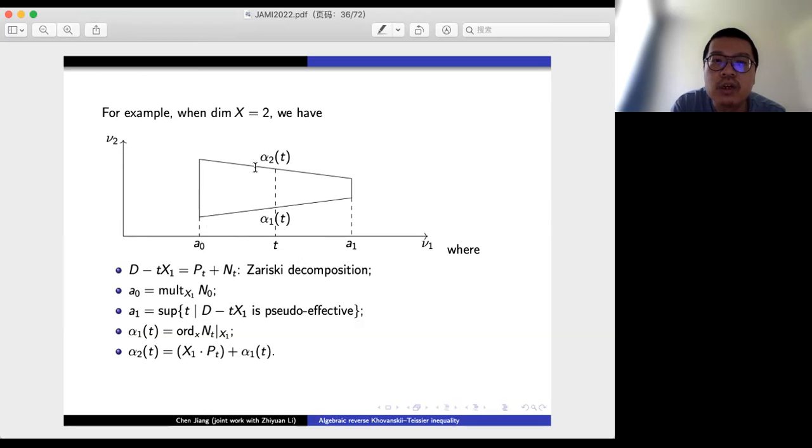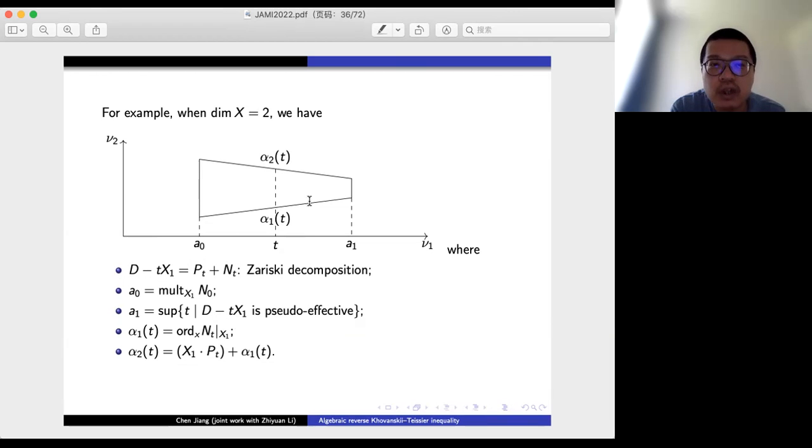For any t, nu_2 should take values in an interval from alpha_1(t) to alpha_2(t). Here alpha_1(t) is the order of x, the point X_2, in N_t restricted to X_1, where P_t and N_t are the Zariski decomposition of D minus tX_1. And alpha_2 is alpha_1 plus the intersection number of X_1 times P_t.